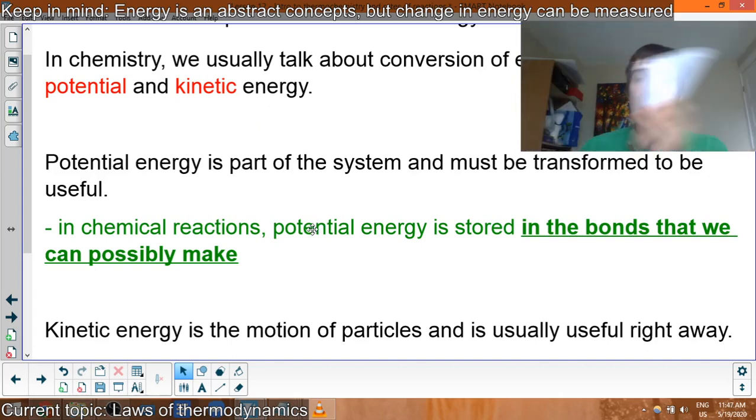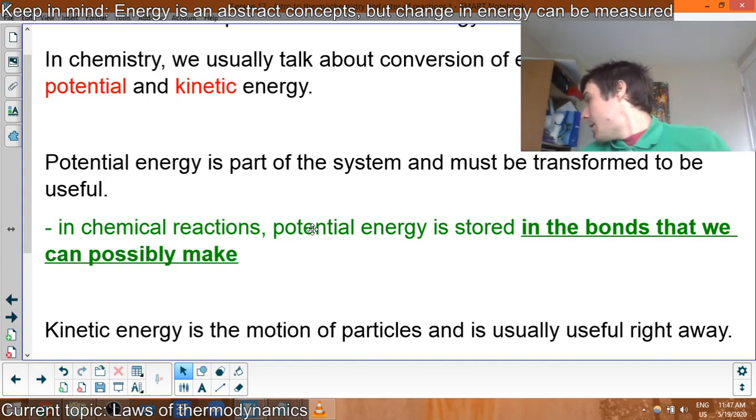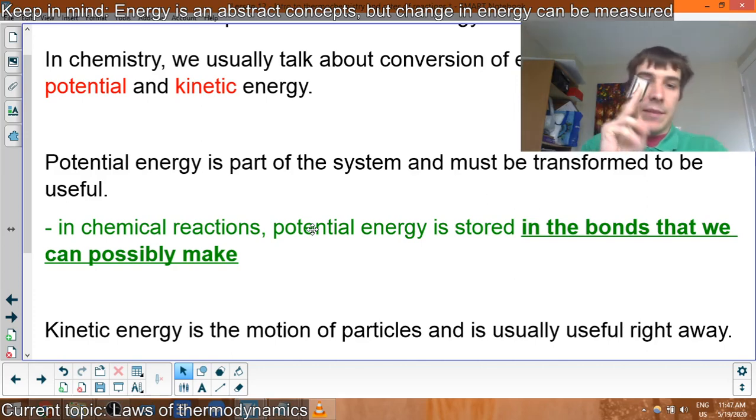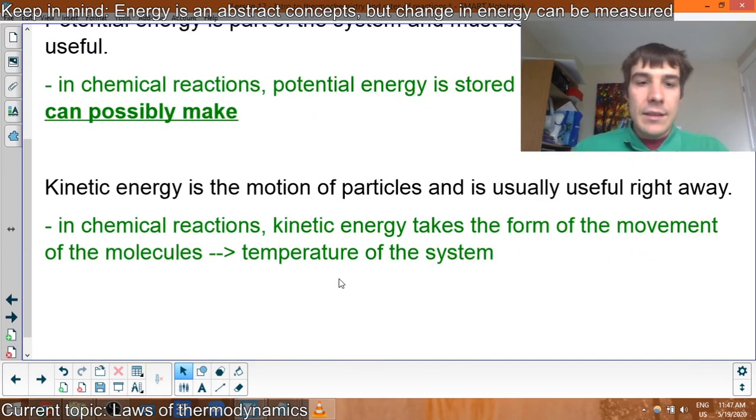It's all over the place, and I've got my styrofoam. Or these matches, right? Matches, same thing, combined with oxygen, and you can release energy. It's not releasing energy right now, but the potential is there. Kinetic energy is the motion. It's useful right away. The motion of these particles is useful right away. So there's thermal energy. The temperature of the system is the kinetic energy.